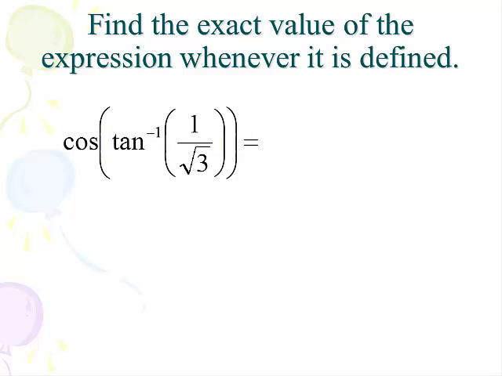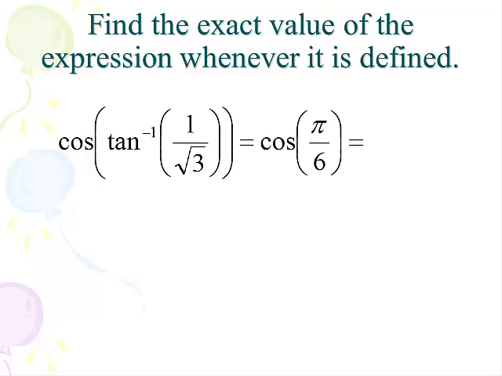Let's do another one. We want the cosine of the inverse tangent of 1 over square root of 3. Again, we want the cosine of the angle whose tangent is 1 over square root of 3. And working from inside out, the inverse tangent of 1 over square root of 3 is pi over 6. Inverse tangent is only defined from negative pi over 2 to pi over 2.